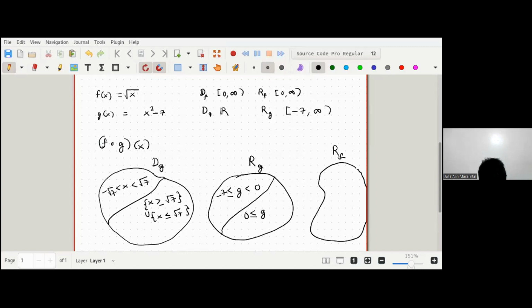So ito, pinartition na natin yung domain into two parts.